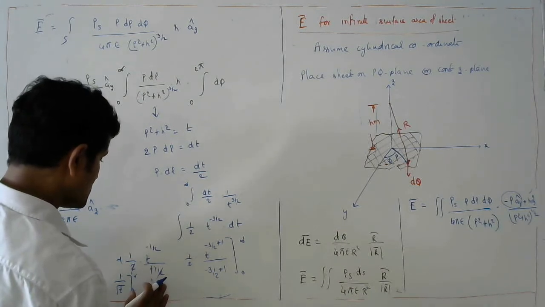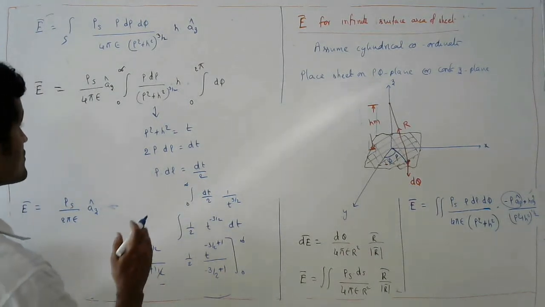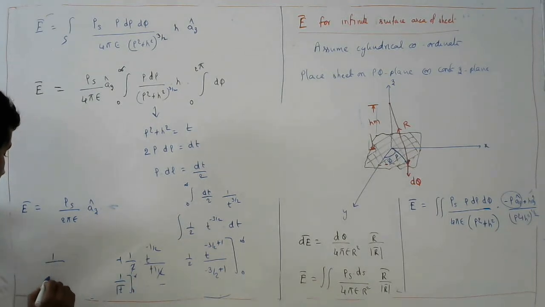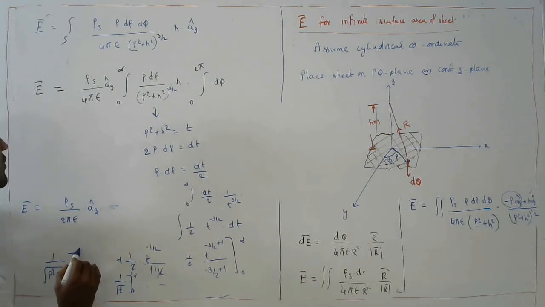Now see what the t value should be here. t is what I assumed, rho square plus h square. So 1 by root t means 1 by root of rho square plus h square, with rho from 0 to infinity.